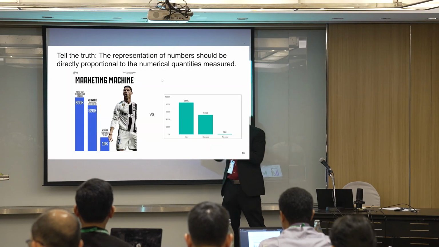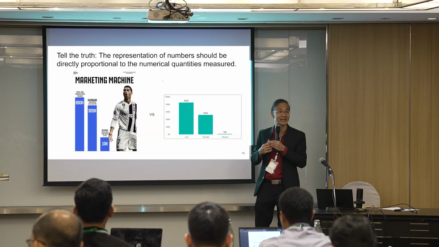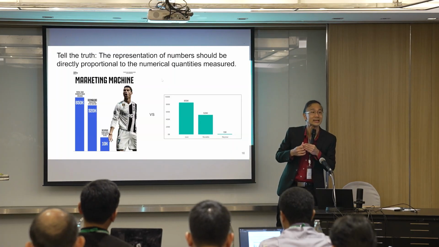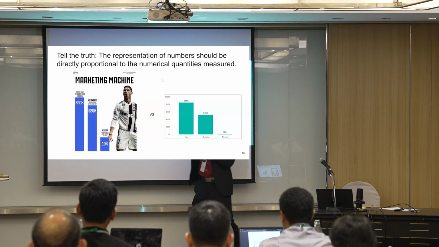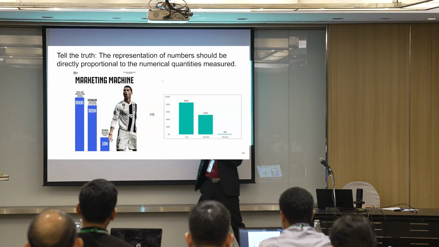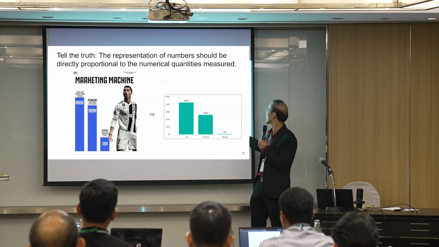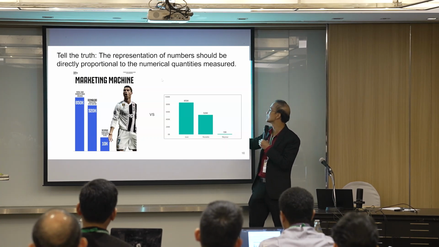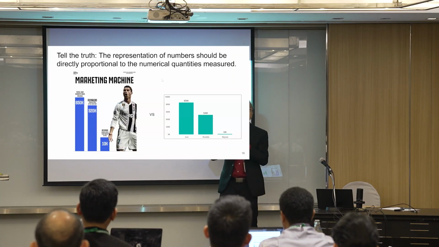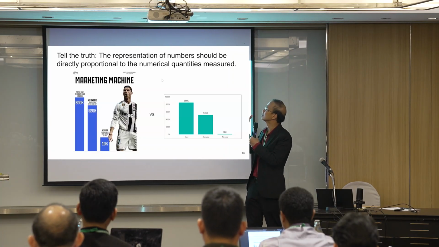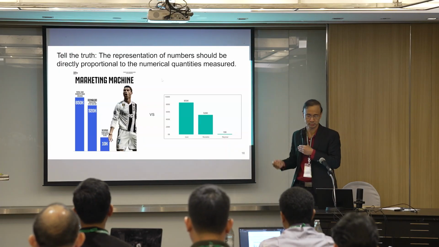So what's wrong with this one? Yes, the scale is incorrect, right? Because if you plot these numbers proportionally, you see that it should be this picture, where that 10K should be very, very small compared to these two. So that's how sometimes it can misrepresent the correct ratio, okay?